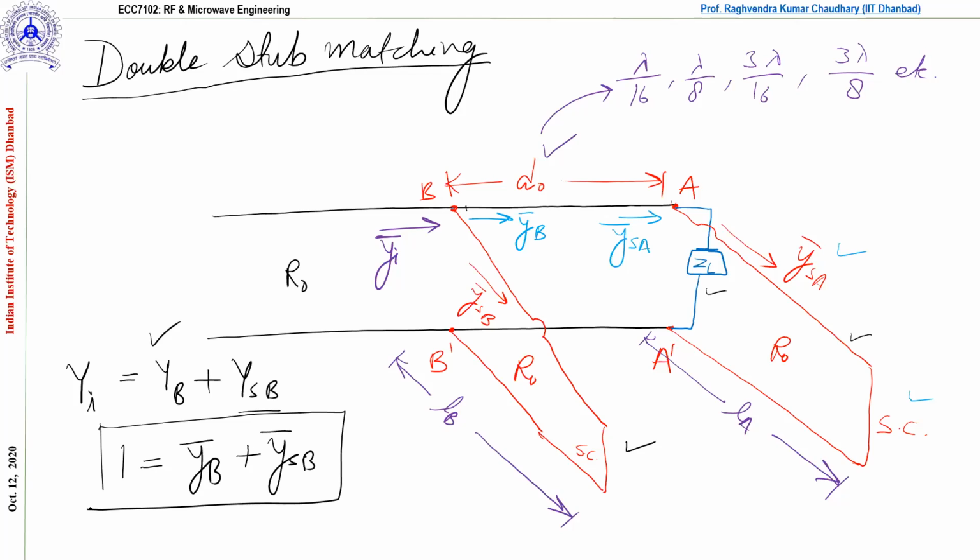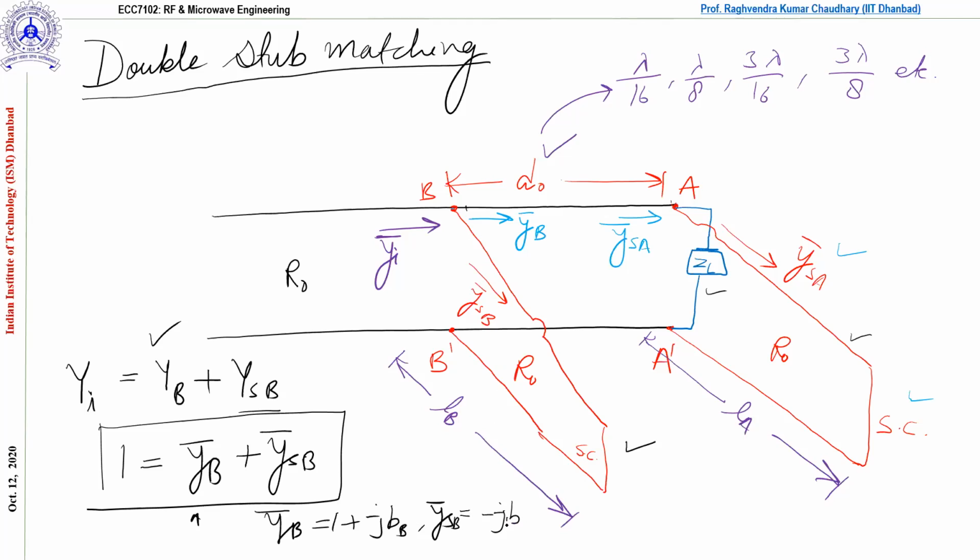Fine. Now this equation is satisfied by the possible solutions: YB is equal to 1 plus jB, and YSB is equal to minus jB.